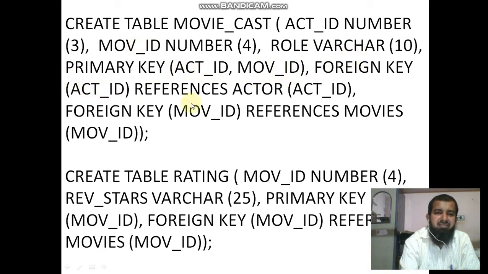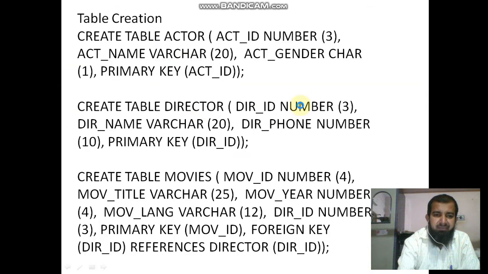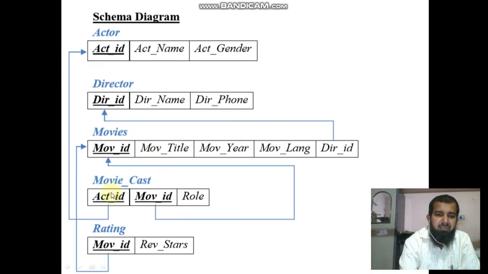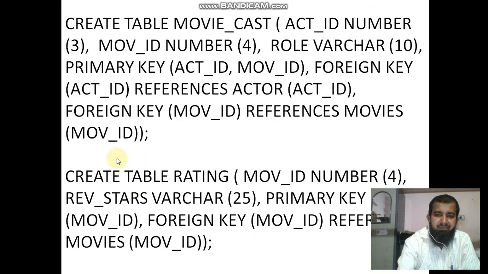Foreign key of actor ID references actor of actor ID. Similarly, movie ID of the movie cast table references movie ID of the movies table. Movie ID references movies of movie ID.